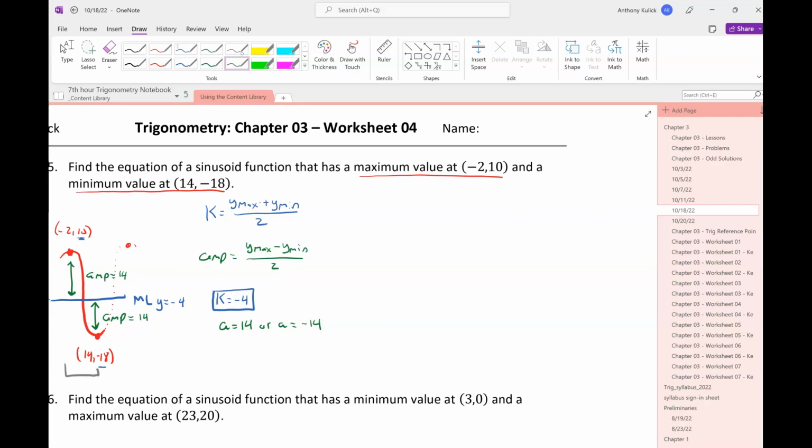What percent of a period? So if I continue doing all the dash, that's a full period, right? How much is the solid part? Half, right? Looks like 50%. You guys agree? Do you see it?